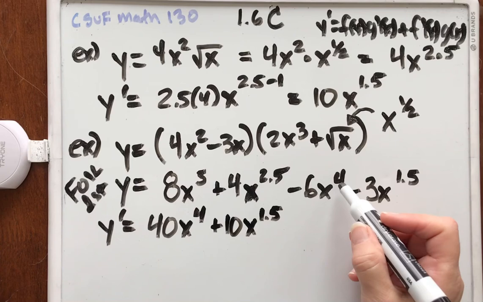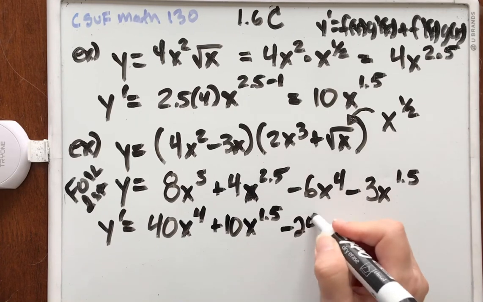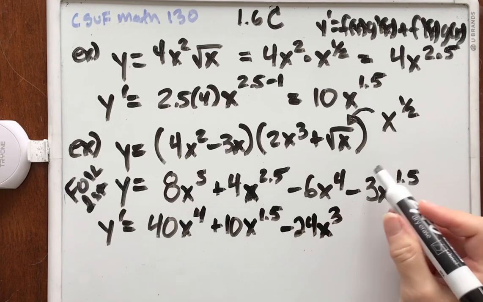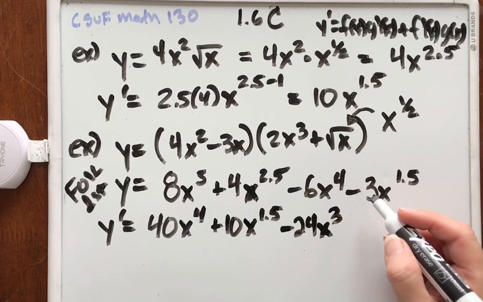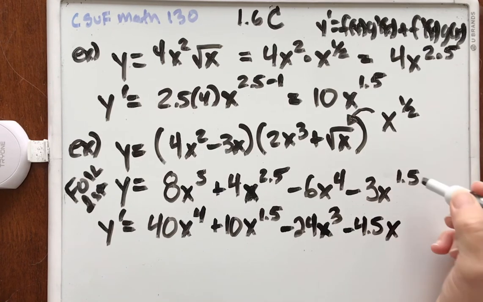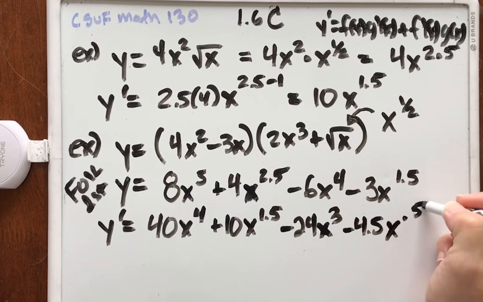Take the derivative here, we bring the 4 down, negative 24x cubed. And we bring our 1.5 times a negative 3. And what's that going to give us? Negative 4.5. And remember to minus 1.5. So that's our answer.